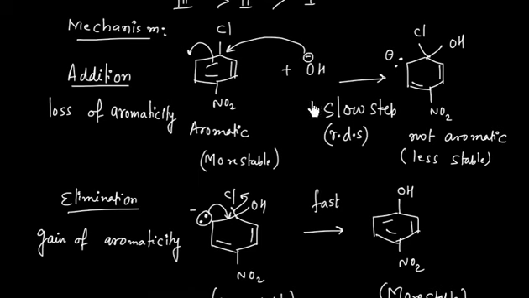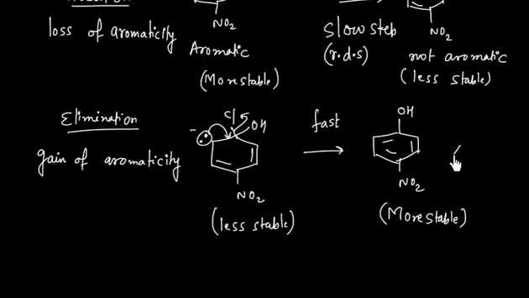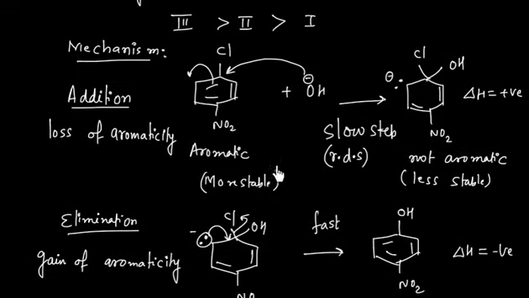The first part, the addition step, will be endothermic, so delta H for this part is positive. But for the second part delta H will be negative, because initially we have less stable and finally we have more stable.